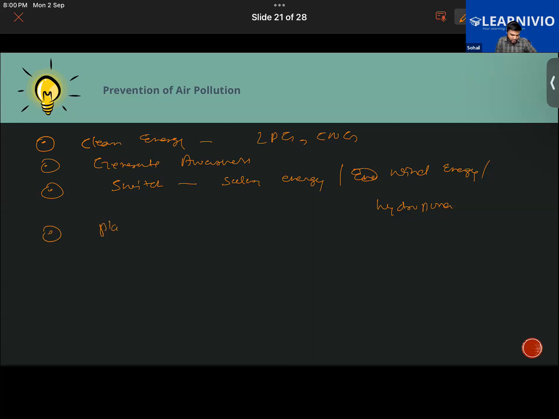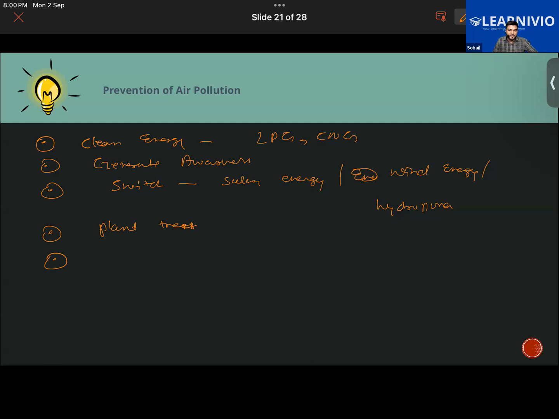Furthermore, we should plant more trees. By planting more trees, we can maintain the balance of carbon dioxide and oxygen gas in the air. A single tree can absorb lots of carbon dioxide in its whole life.